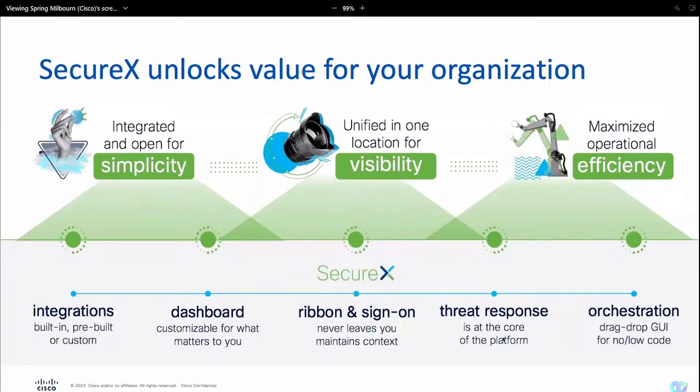Threat Response, that's an API aggregation used to bring together global intelligence, global context, and response actions. And over on the right, we have Orchestration. That's allowing you to automate those repetitive tasks and create custom workflows to solve problems which are unique to your business, and allowing your teams to focus on other valuable items.